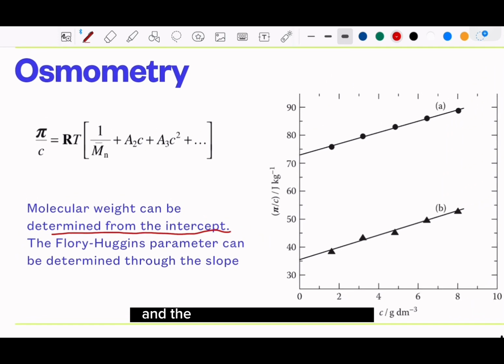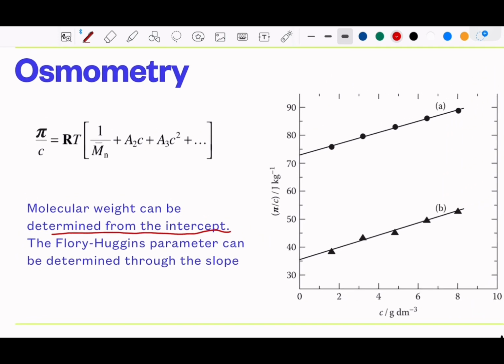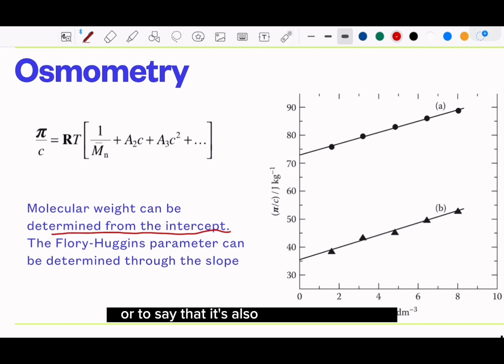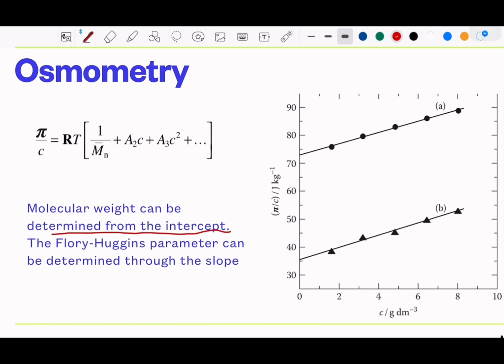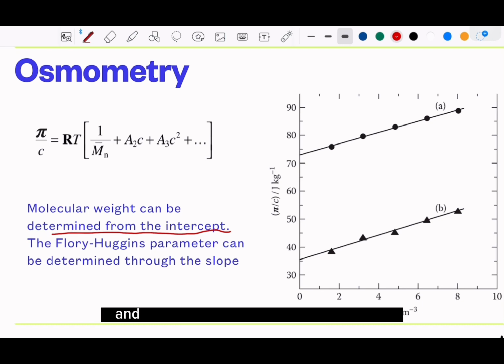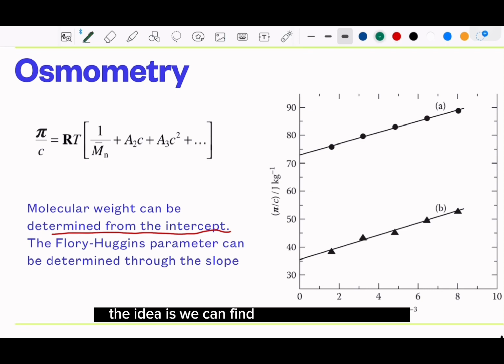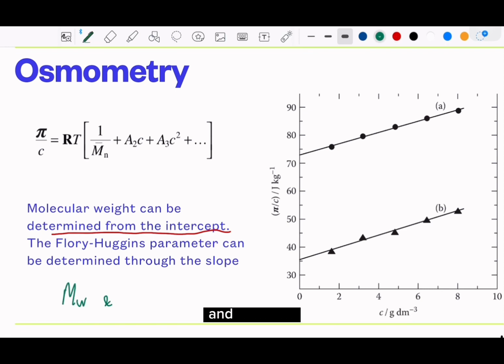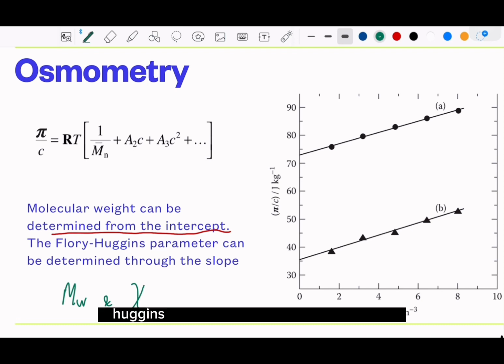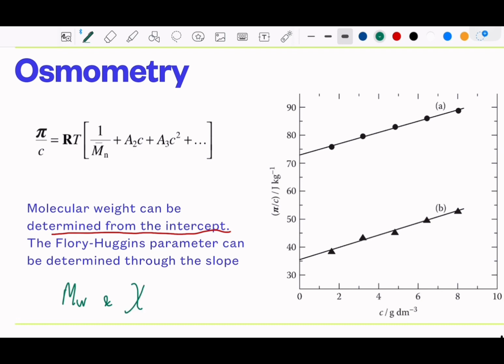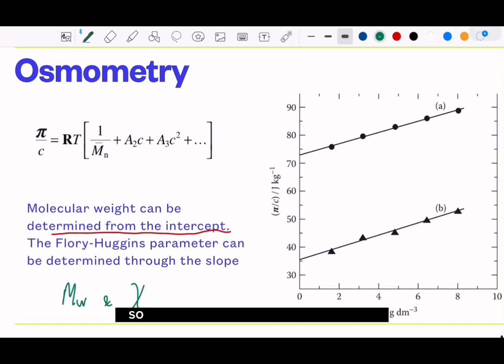And the slope is this A2, which is also related to chi, the Flory-Huggins parameter. So if we make extrapolations, we can get the molecular weight and the Flory-Huggins parameter, which is chi. So this is the slope, this is the intercept.